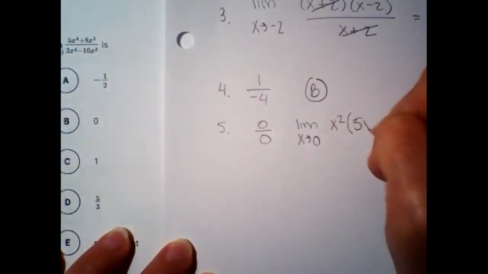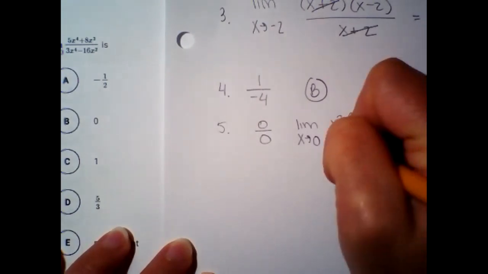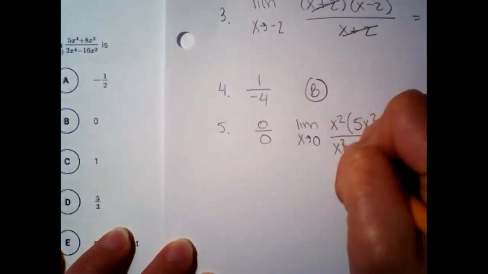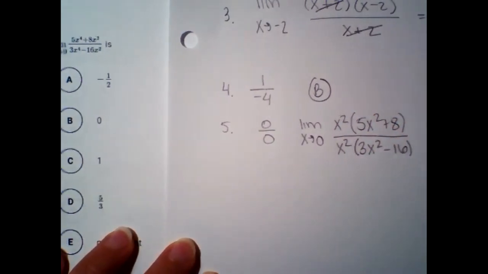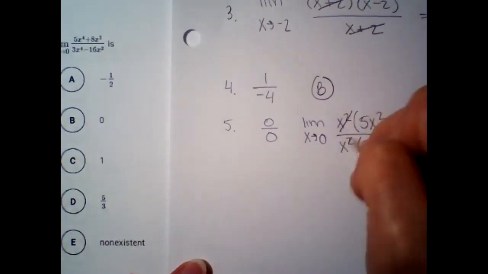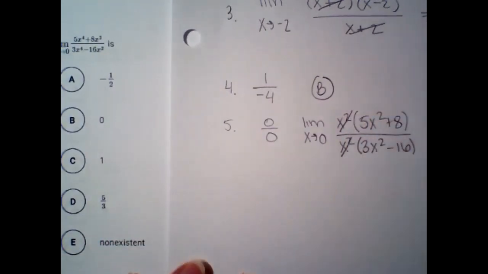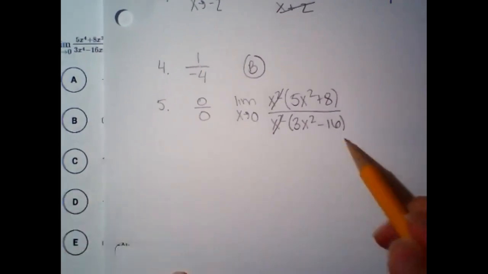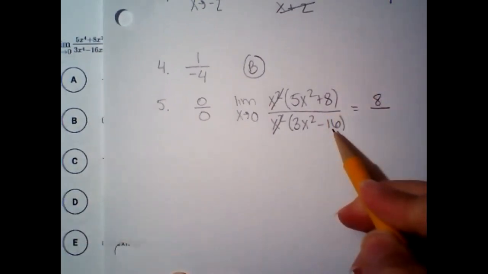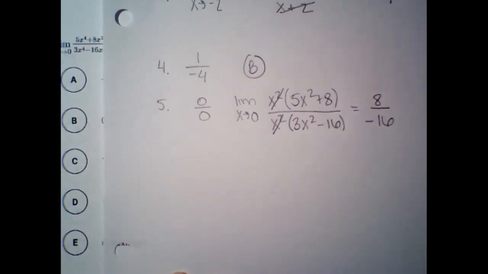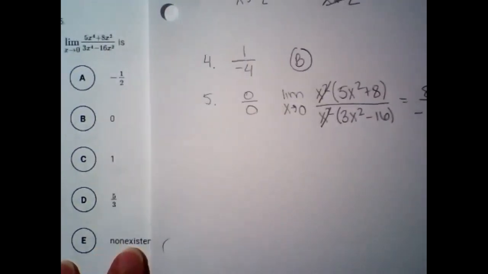That'll leave me with 5x squared plus 8. And same thing in the denominator, that'll leave me with 3x squared minus 16. And so these cancel. Now when I plug in 0, the numerator gives me 8 and the denominator gives me -16. So that'll be -1/2, which is A.